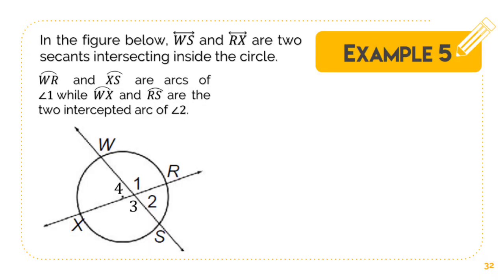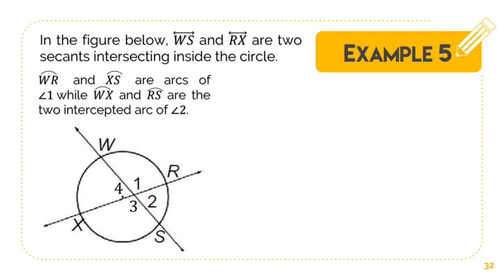In the figure below, line WS and line RX are two secants intersecting inside the circle. As these two lines intersect, there form four angles: angle 1, 2, 3, and 4.